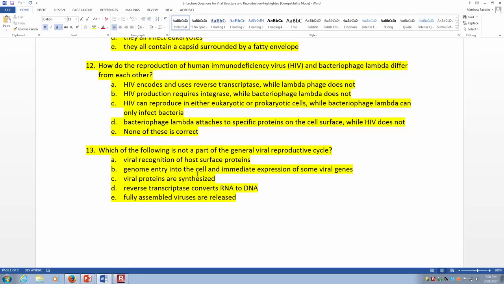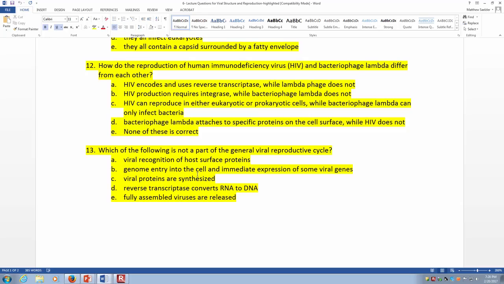No, that happens, and maybe the wording is kind of confusing. So what we described for both viruses that we talked about, phage lambda and HIV, is that some part of the virus binds to a membrane protein that's embedded in the plasma membrane of the cell it's infecting.